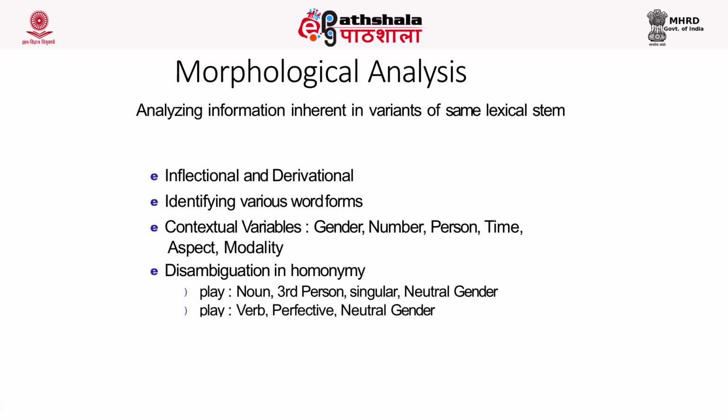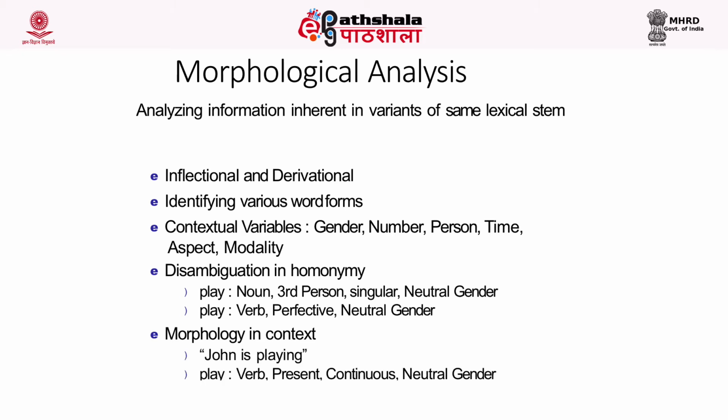Identifying various word forms of the same stem is part of morphological analysis. For doing that, one also looks at contextual variables of gender, number, person, time, aspect, and modality.